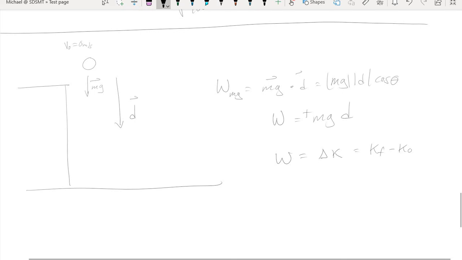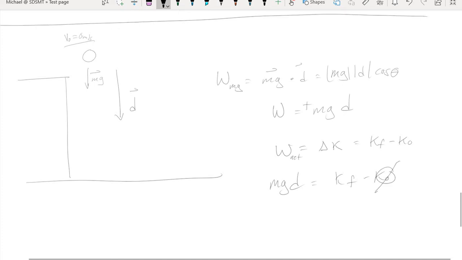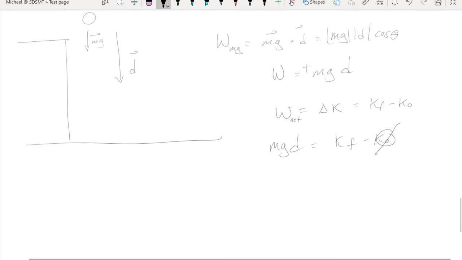If gravity is the only force, then by default, it is the net work that is contributing to the change in the kinetic energy of the rock. Because the rock was dropped from rest, initial kinetic energy is 0, which means the final kinetic energy is equal to the work done by gravity.